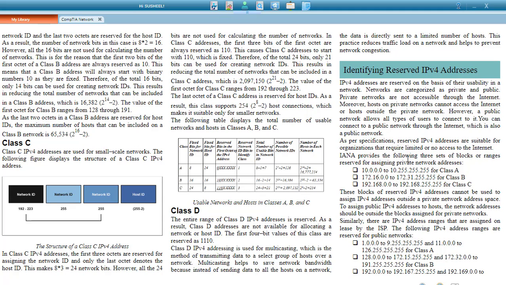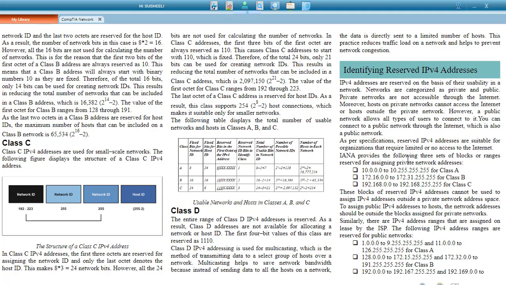However, all the 16 bits are not used for calculating the number of networks. This is for the reason that the first 2 bits of the first octet of a Class B address are always reserved as 10. This means that a Class B address will always start with binary numbers 10 as they are fixed.